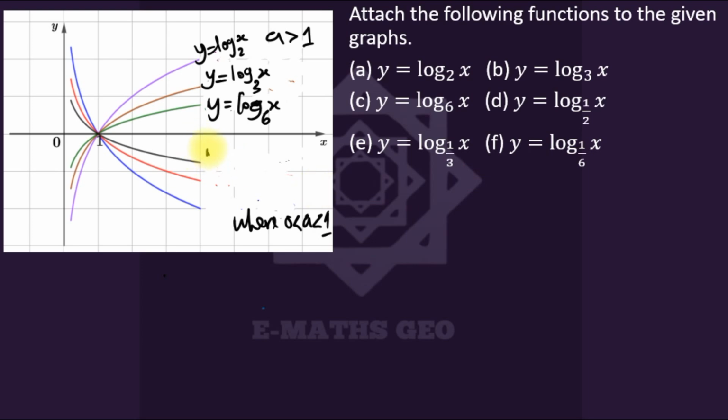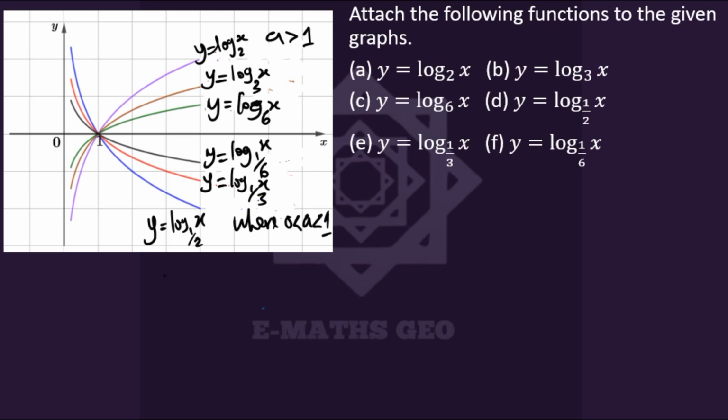So I have y equals log base 1/6 of x. While this is y equals log base 1/3 of x. Finally, this is y equals log base 1/2 of x. So that's it.